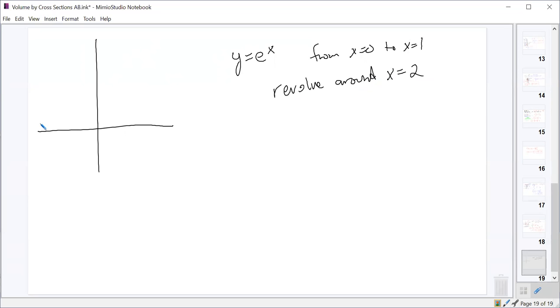So e to the x we know looks like this, and at 0 it has a value of 1. And over here at 1 it hits a value of e. And so this is the region that we are looking at here.